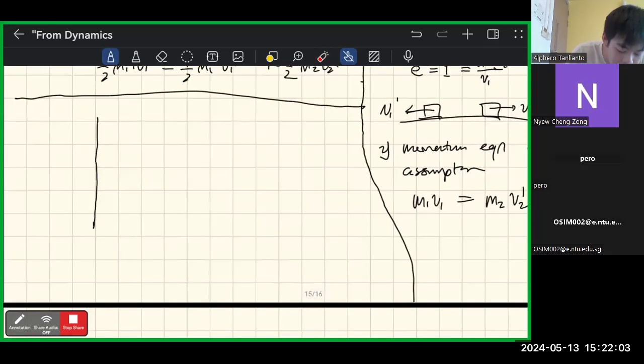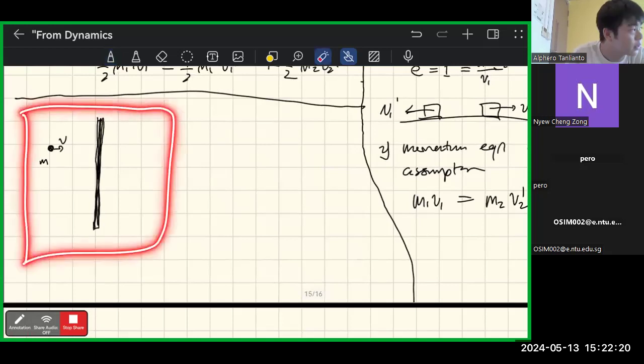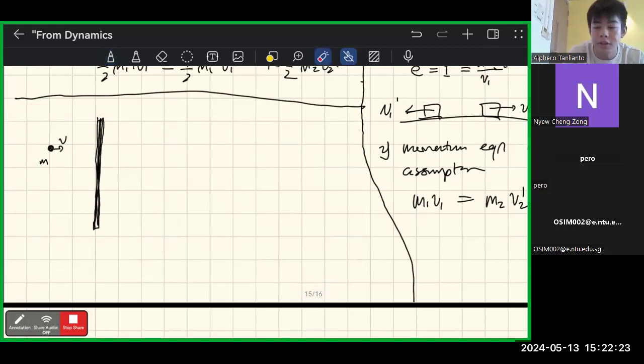If you have this rod, and you have this particle with mass m and velocity v, this rod is not attached to anything. Both of these are on top of a very slippery table, so there's no friction. And the rod has the mass m and the length l.